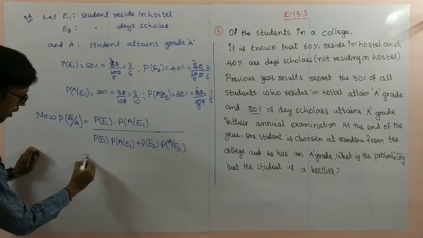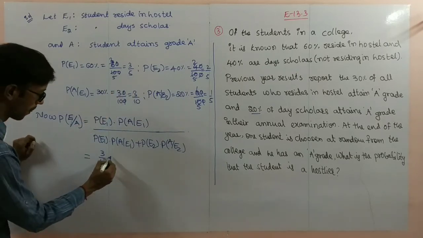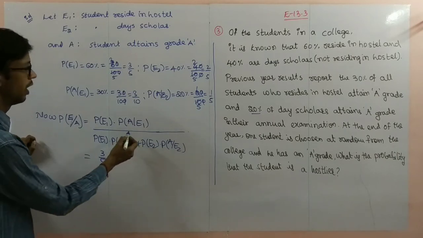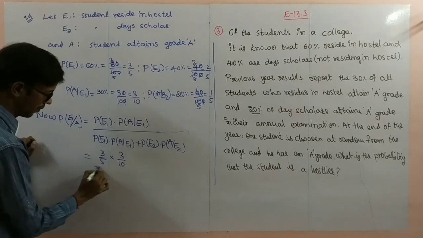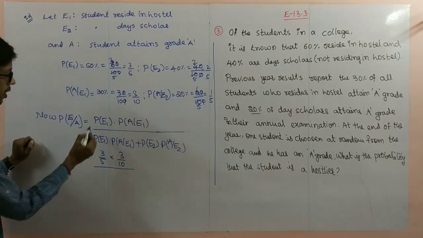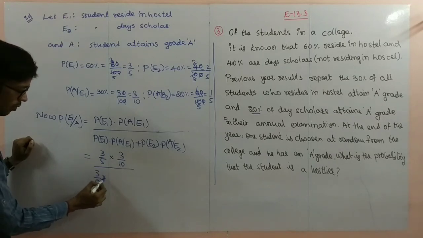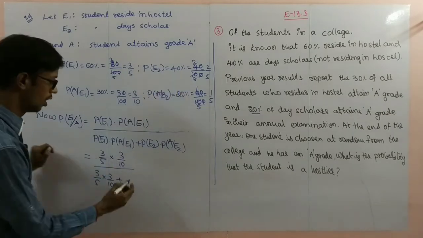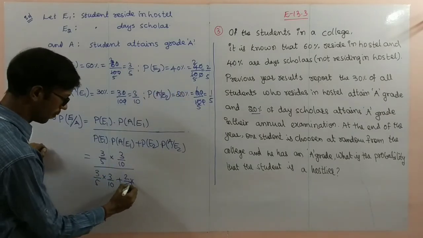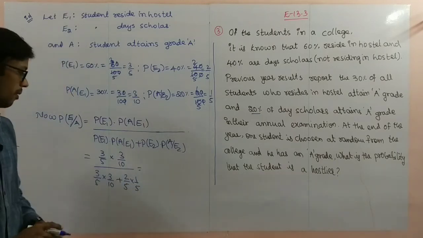This is equal to P of E1, 3 by 5, into P of A by E1, 3 by 10, divided by the same, 3 by 5 into 3 by 10, plus 2 by 5 into 1 by 5.